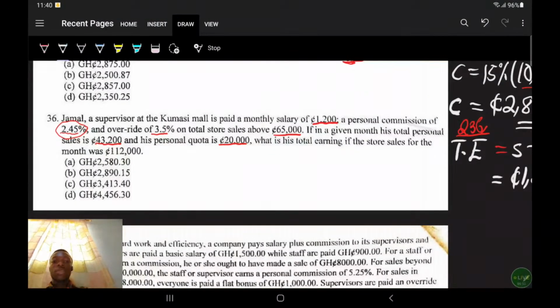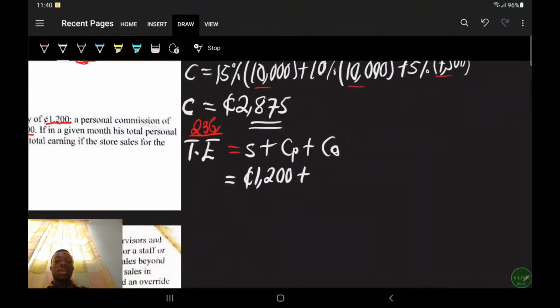So his personal commission is going to be 2.45% multiplied by 43,200 minus the personal quota of 20,000. I hope that is clear.